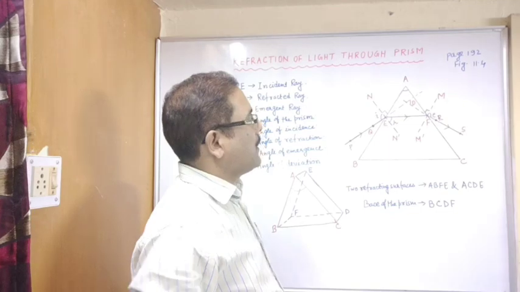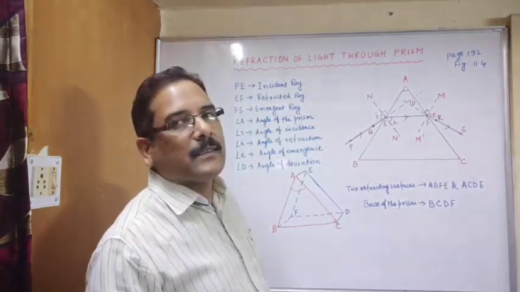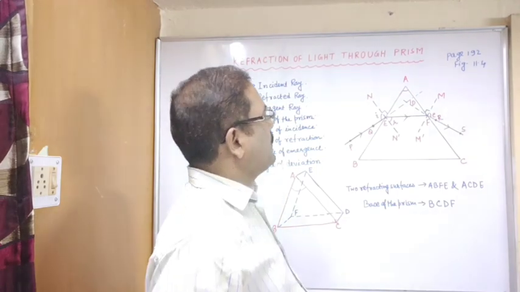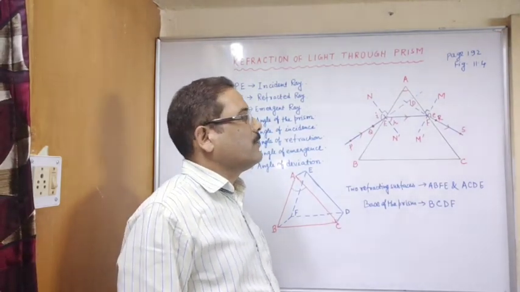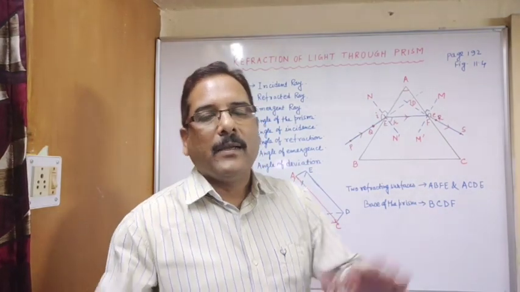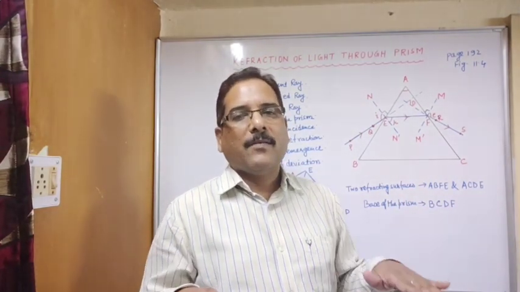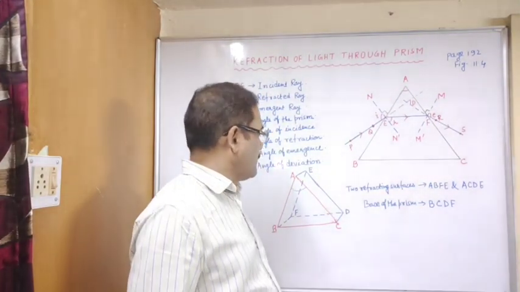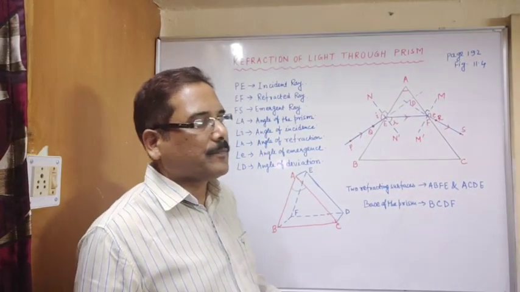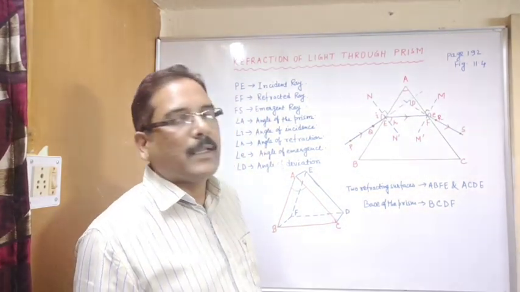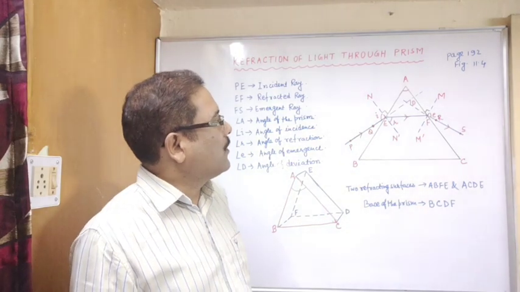AB and AC are two refracting surfaces. So actually we have to perform this experiment. On a drawing board, we place a white sheet of paper. Then in the middle we place a prism, and we make an outline of it with the help of a pencil.